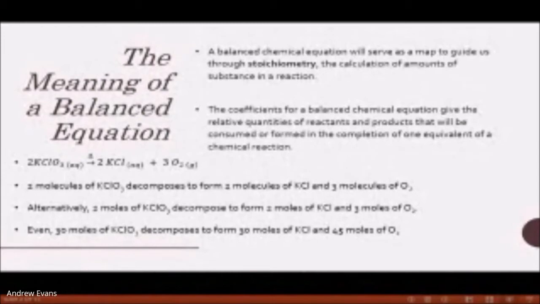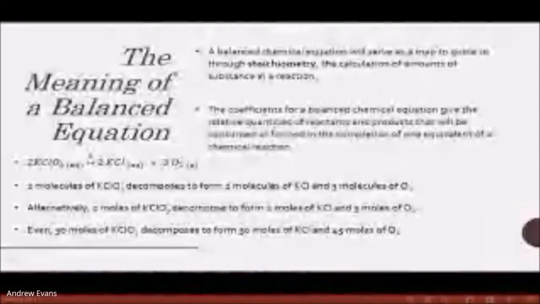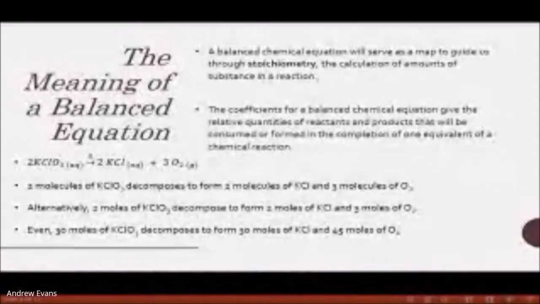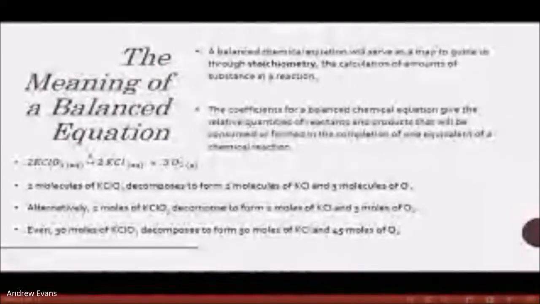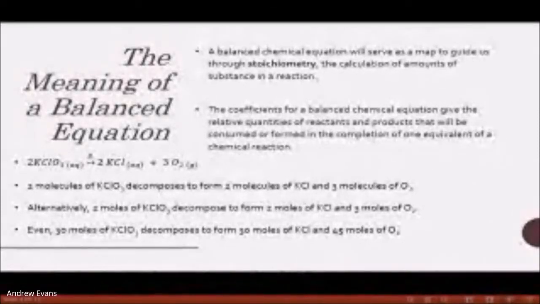Besides those situations, the stoichiometry tells us for every 2 molecules of potassium chlorate, you would form 2 molecules of potassium chloride, and you would form 3 molecules of oxygen. It's telling us essentially what's happening on an atomic scale.